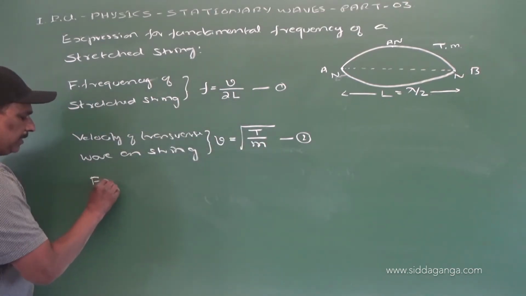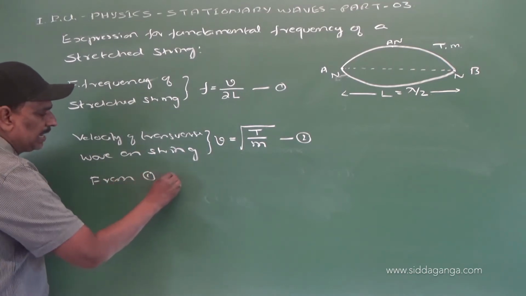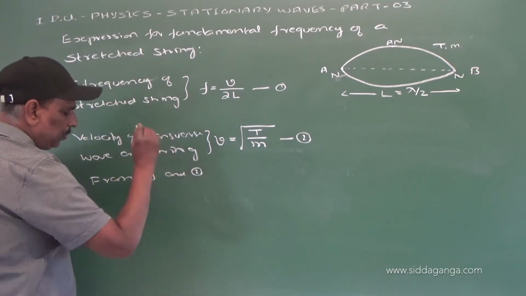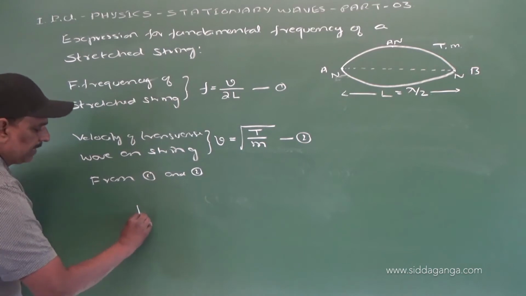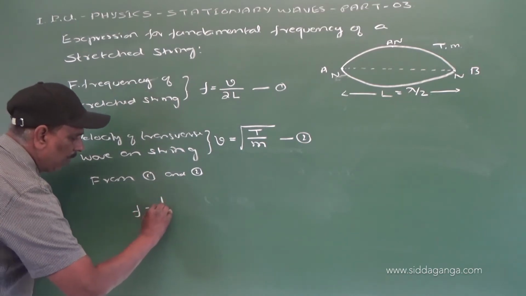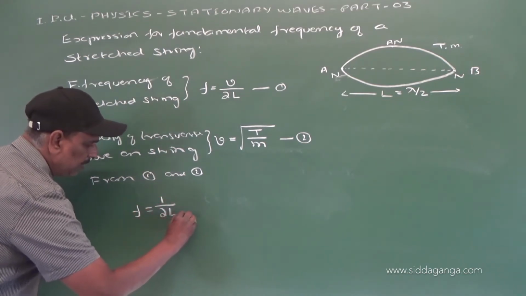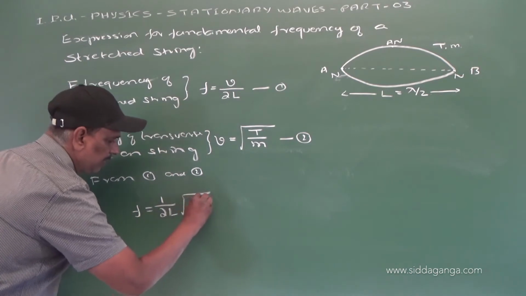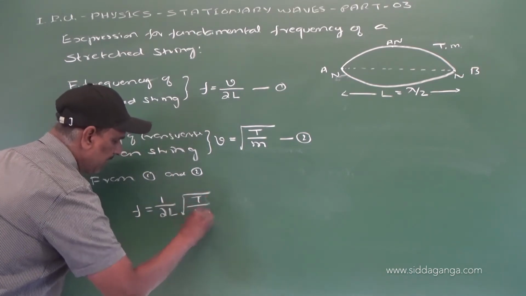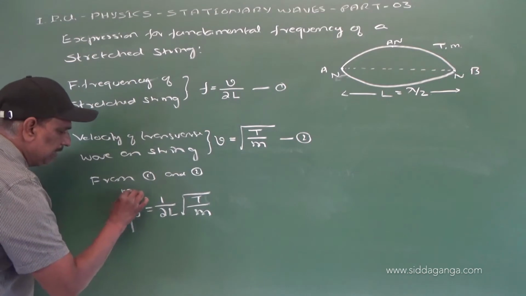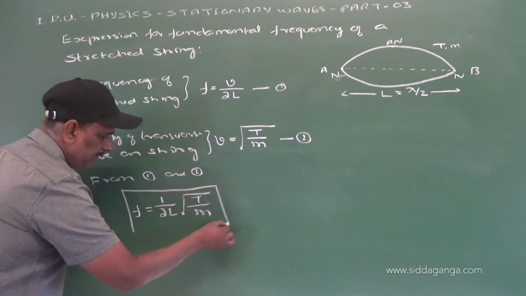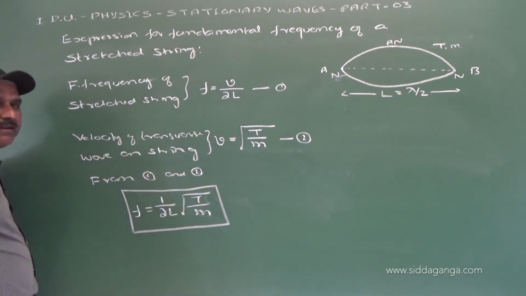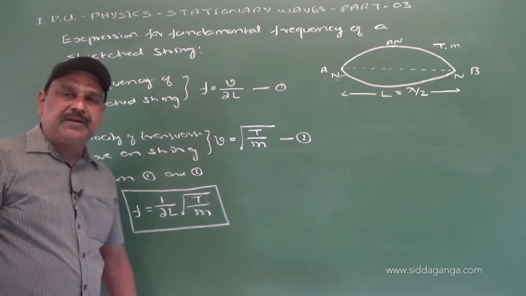Now, from equations 1 and 2, it is clear that F is equal to 1 by 2L into square root of T by M. So, this is the expression for the fundamental frequency of a stretched string.